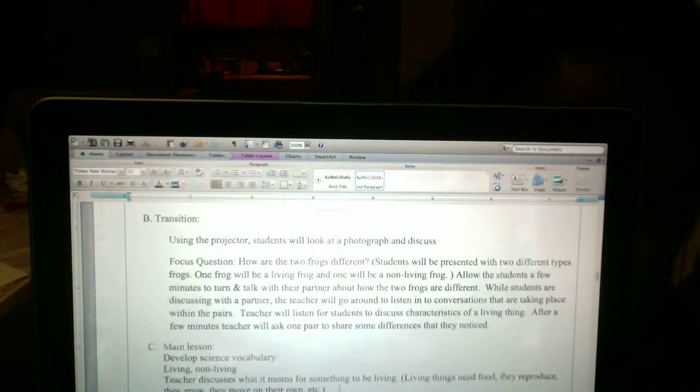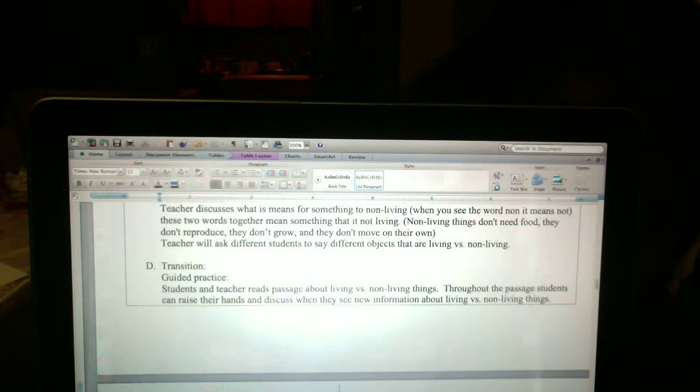Moving down here would be my main lesson, or my teach moment. I would discuss the science vocabulary with them. Well, not so new, because we introduced it yesterday, but just to go over what a living thing is and what a non-living thing is. A living thing needs food, needs water, can move by itself, and can reproduce.